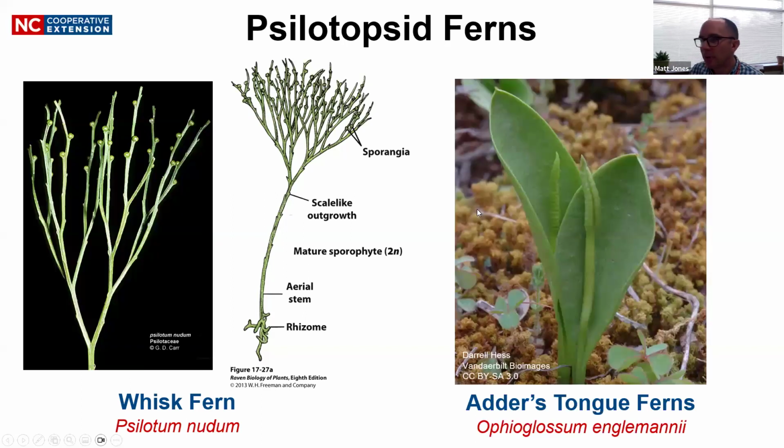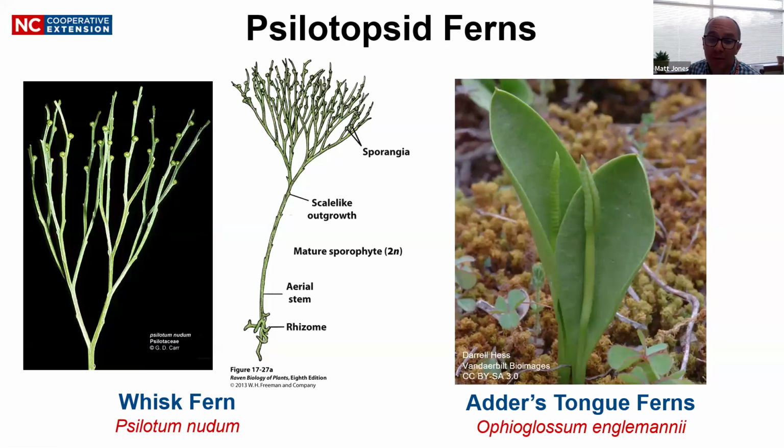And then another oddball group are the adder's tongue ferns, the Ophioglossaceae, I think, Ophioglossum. And these are interesting because they produce kind of one leaf a year, and part of it is sterile and photosynthetic, and the other part of the leaf produces spores.